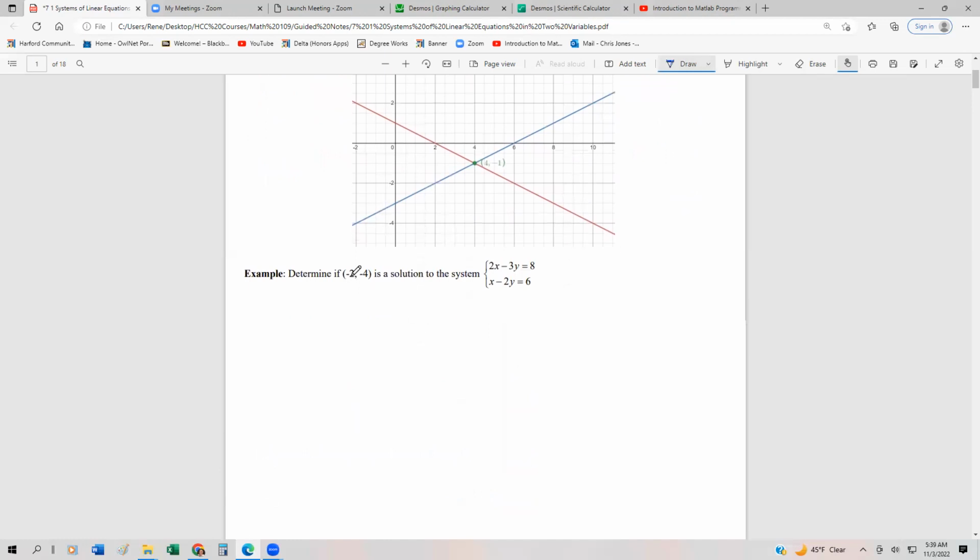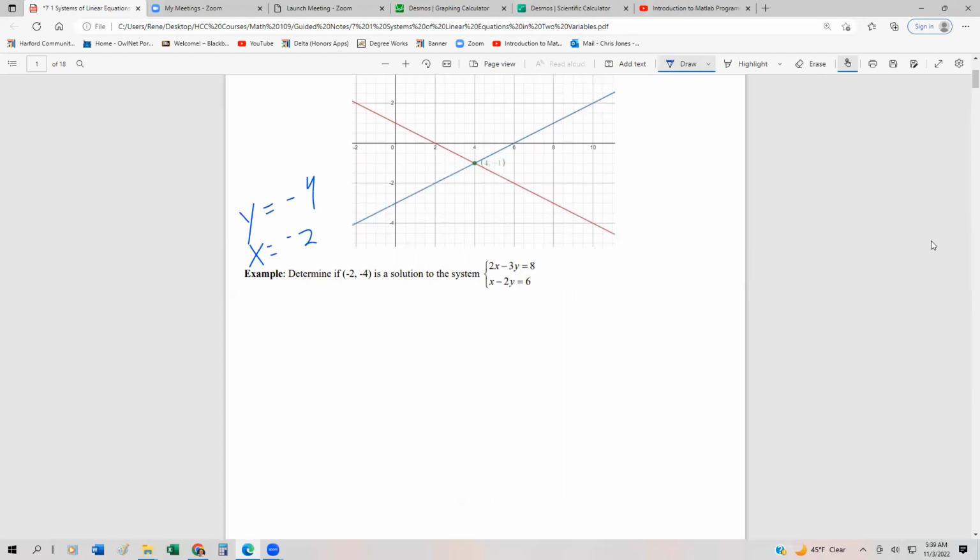Let's say we're given the solution (-2, -4), and we want to determine if that really is a solution to this system. I'm going to substitute -2 for x and -4 for y back into both equations.